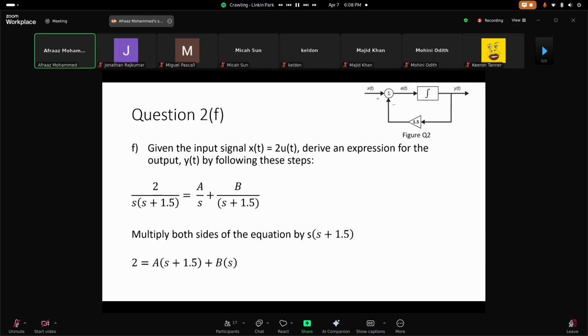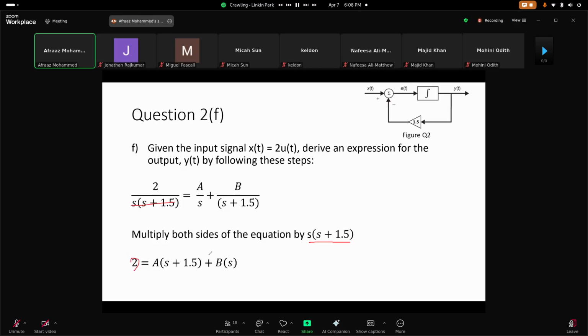To start solving, you will first multiply both sides of the equation by s(s plus 1.5). This is going to get rid of the entire denominator on the left-hand side, so that's going to give you 2.